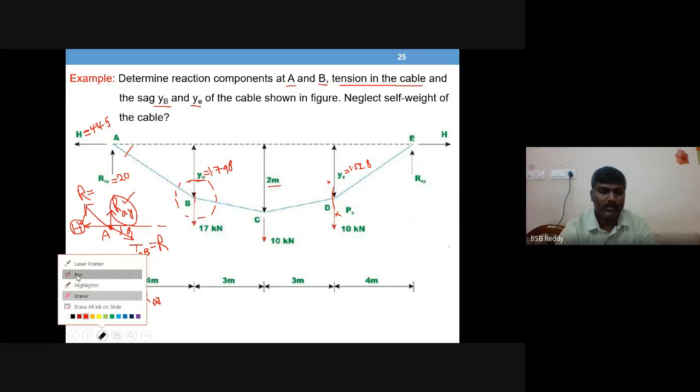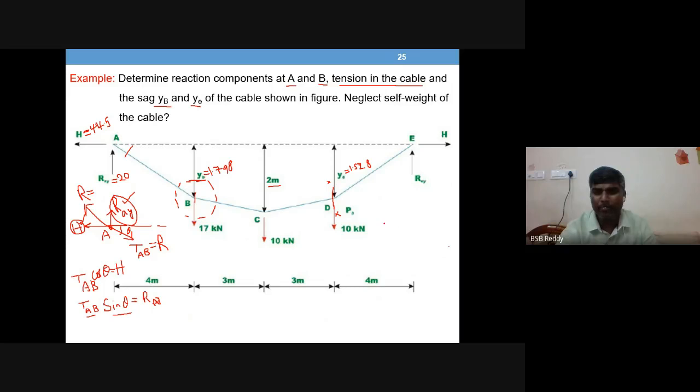So let us draw that free body diagram. So first you draw one horizontal line and one vertical line so that they are the reference axes. Then draw as it is whatever is there at the joint. So there is a 17 kilonewton load at B, and there is a cable TAB, right?